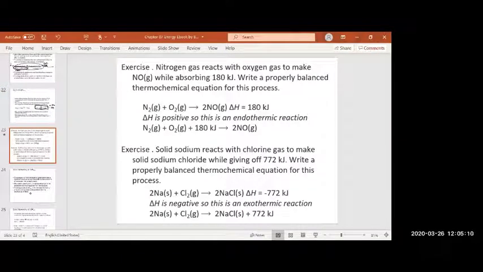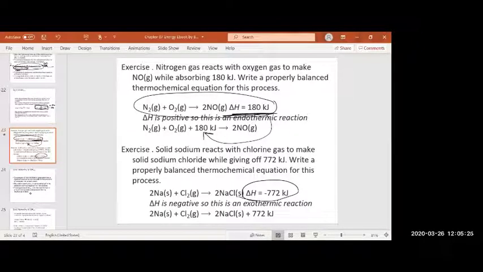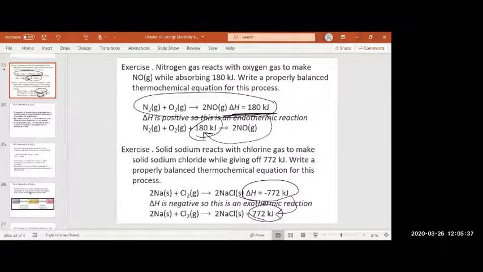So look here. For this reaction, it is endo. So here, when I include it in the reaction, I will add it to the reacting side. But look at this one, delta H negative value, it is exothermic. So I will add it to the product side. Here, the product side because it's exo, the reacting side because endo. So this is very important, where you have to put delta H in the equation.